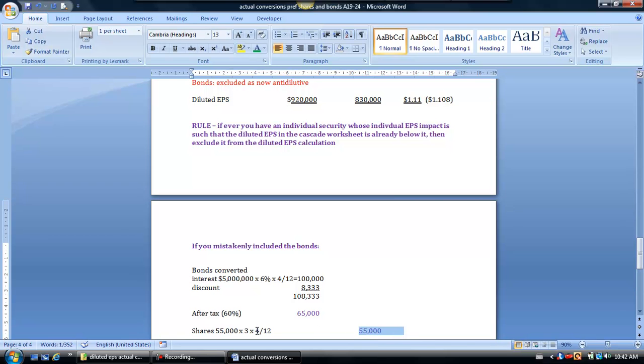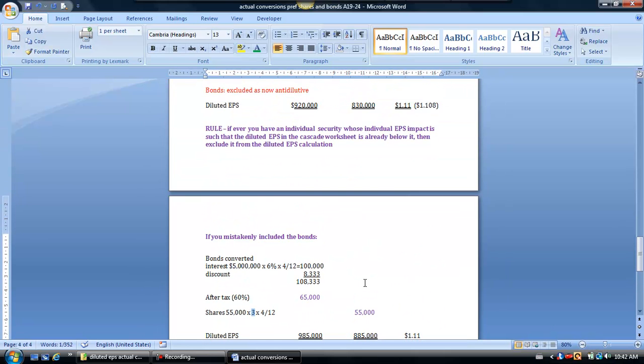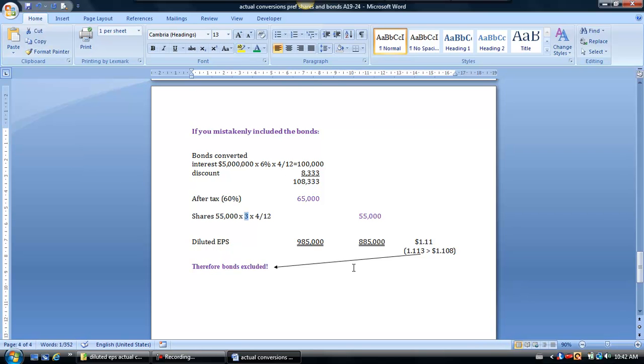Those are the ones that were actually issued in April that could have been issued 4 months earlier and also got the advantage of the split. If I had done that math, I'd actually see that this works out to 1.113 as opposed to 1.108. So technically, although you don't see it with rounding, technically it is bigger.